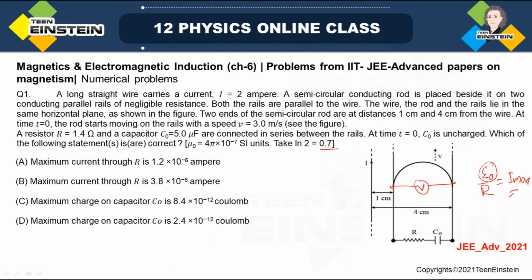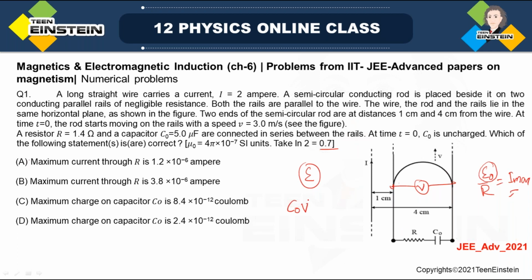So that is the main motto over here. We have to find out what is EMF to answer which one of these two is correct. And the last two options are related to charge on the capacitor. The maximum charge on the capacitor C0 can be written as CV, where V is the potential difference between the plates.